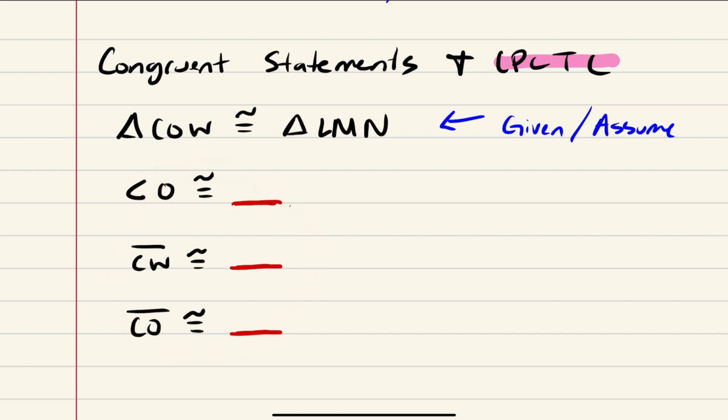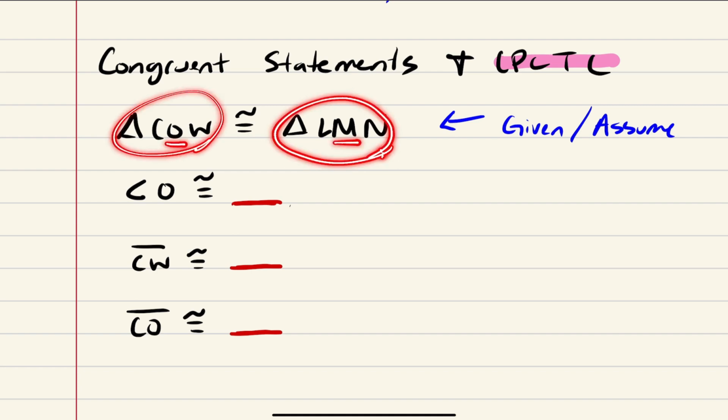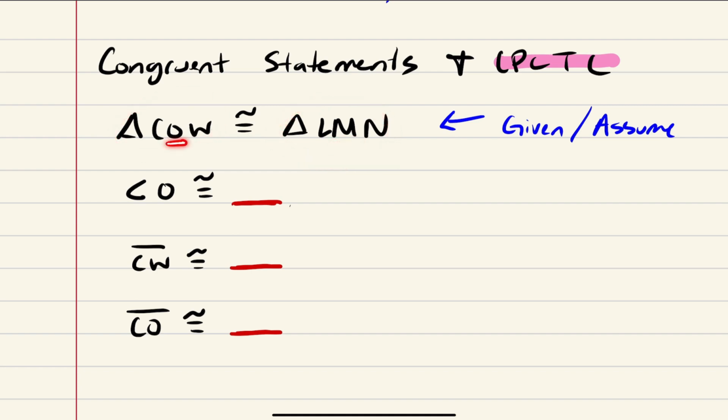If I said angle O is the second position of this triangle, what's congruent to angle O? Well, it would be M because it's in the second position of this triangle, just like O for this triangle. So since O is the second position, I look at the letter with the second position.